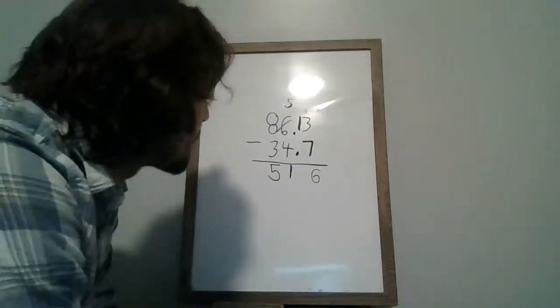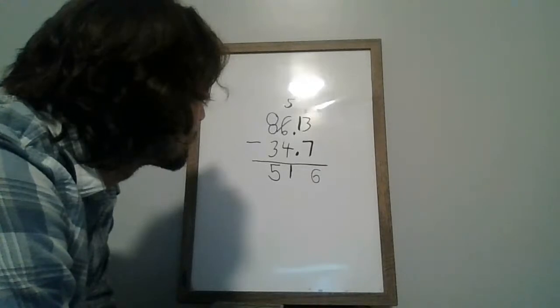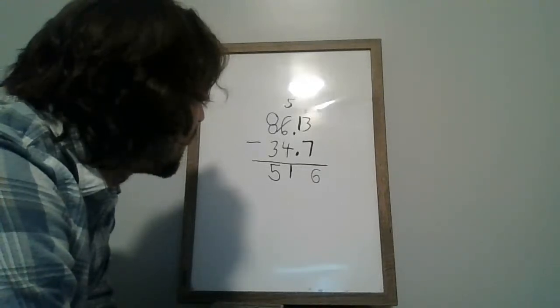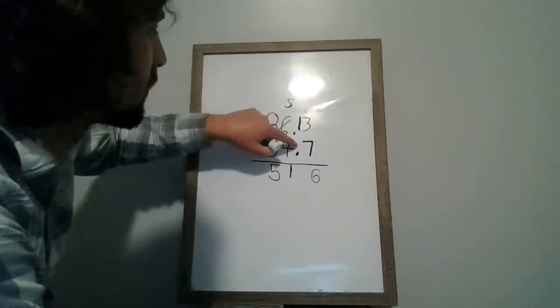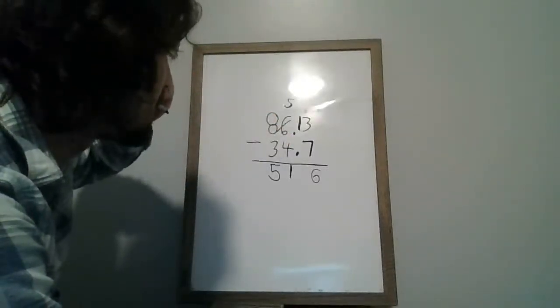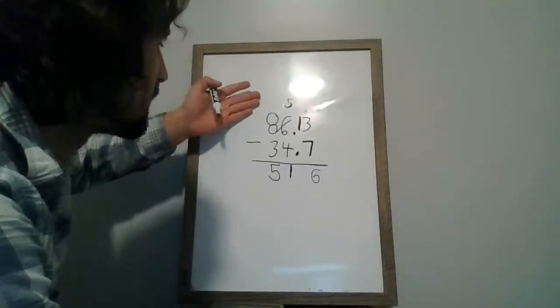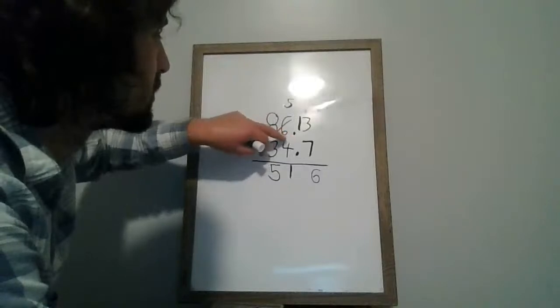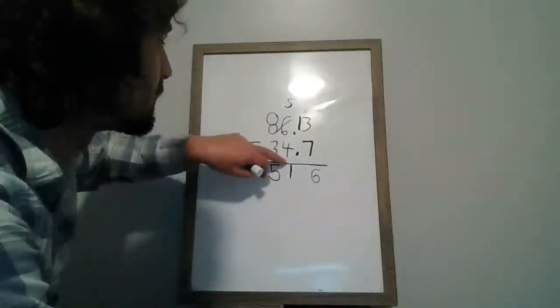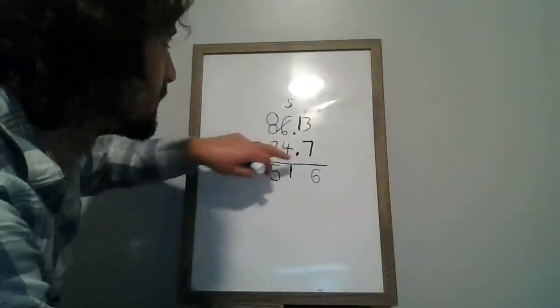So now you got to look where the decimal point is. For this problem, the decimal point is in between the second and third digit. In 86 and 3/10, the decimal point is between the second and third digit. For the second number, it's also between the second and third digit.